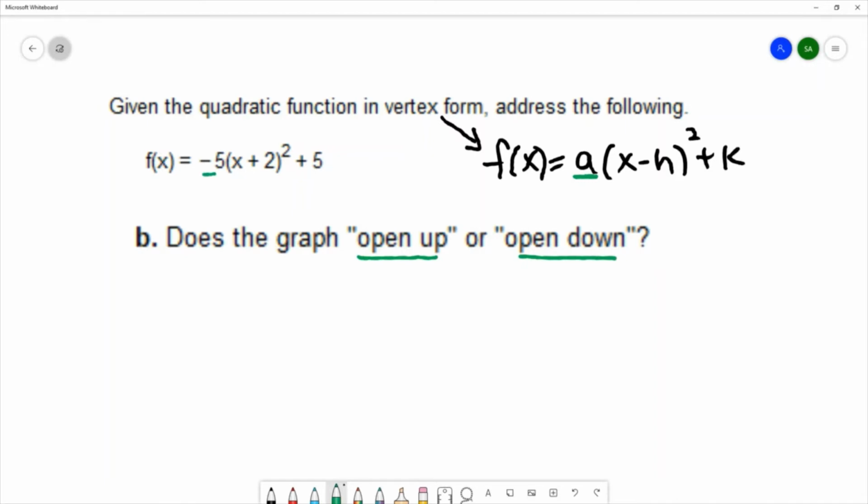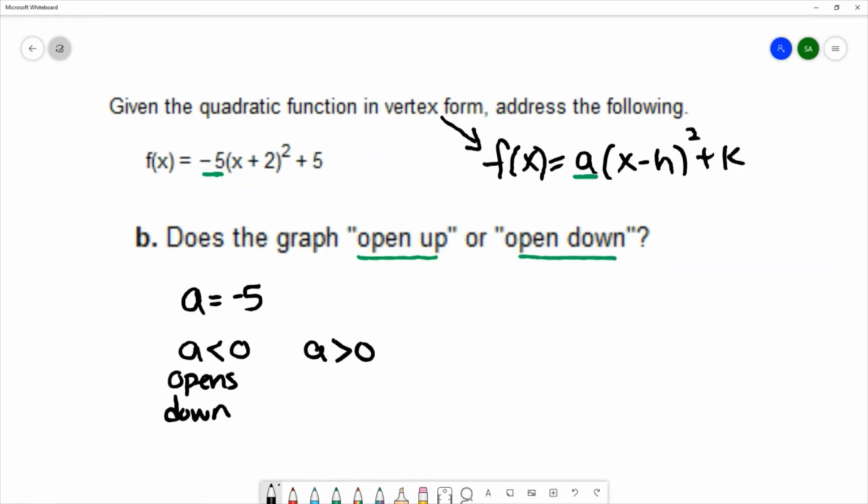So for our example, a is equal to -5. And when a is negative, when a is less than 0, the graph opens down. And when a is greater than 0 or positive, the graph opens up.